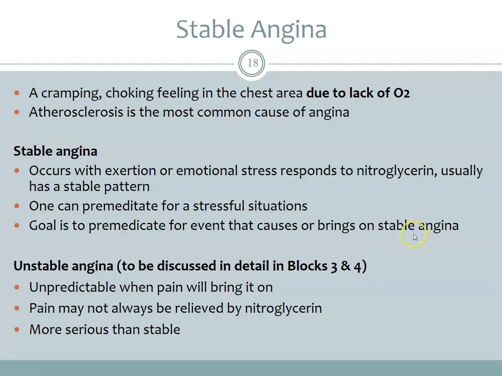So that plaque builds up in the arteries, impeding the blood flow, so that when we do something that taxes our heart and causes our blood to need to flow quicker, because of that impediment, it causes that chest pain to happen. So with stable angina, we know that it's episodic, meaning it's connected to something that the patient's doing, right?